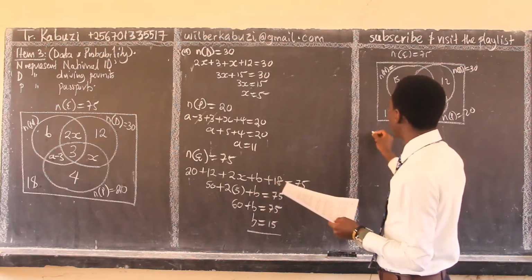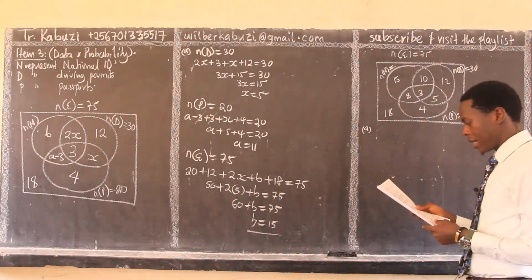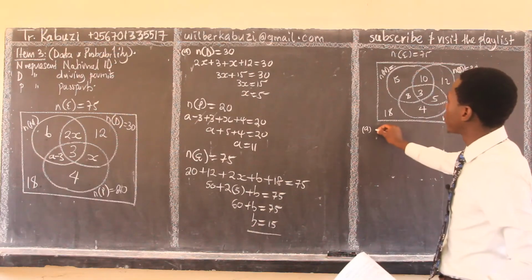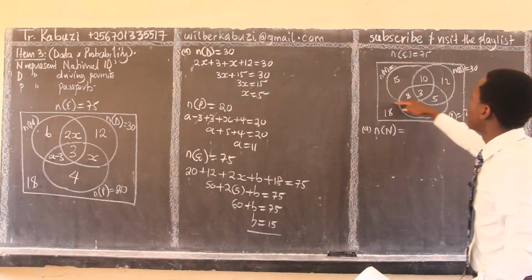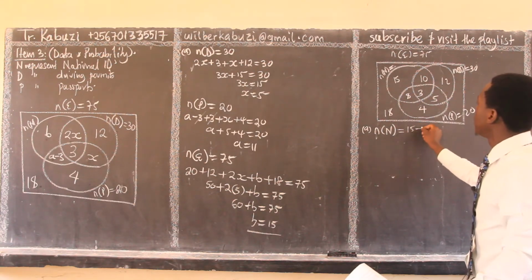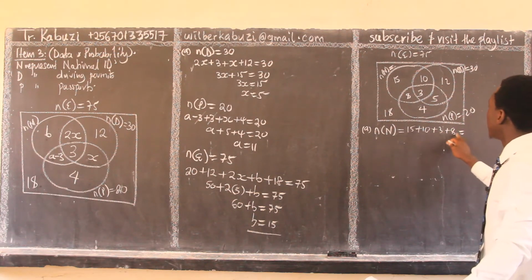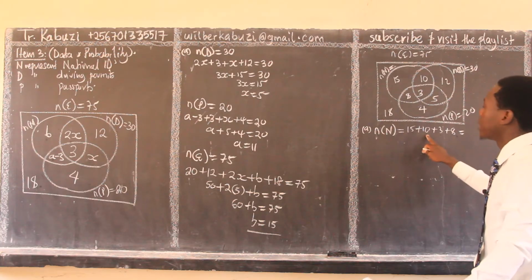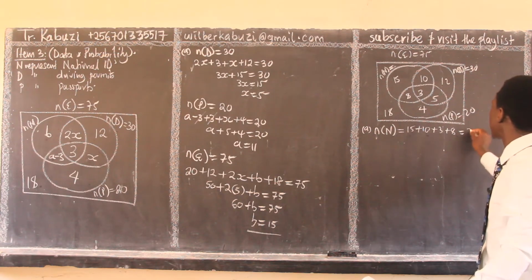So if you answer part A, they are asking for the number of people with national IDs. So number of people with national IDs will be, we add these ones, 15 plus 10 plus 3 plus 8. So this will be 11 plus 10, that is 21, plus 15, that is 36.